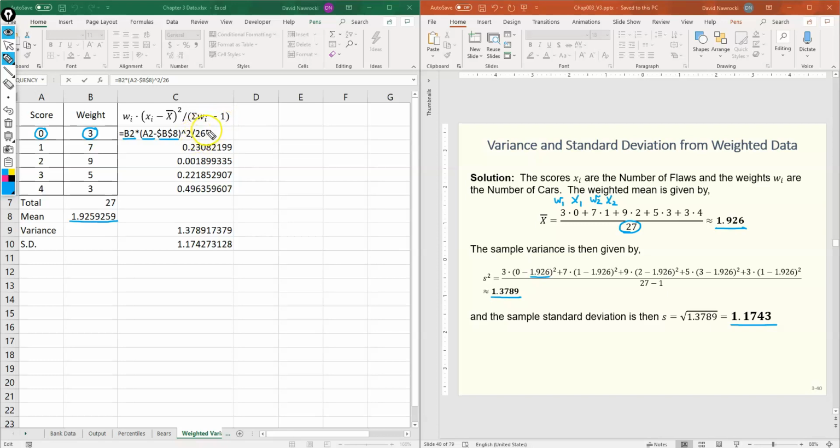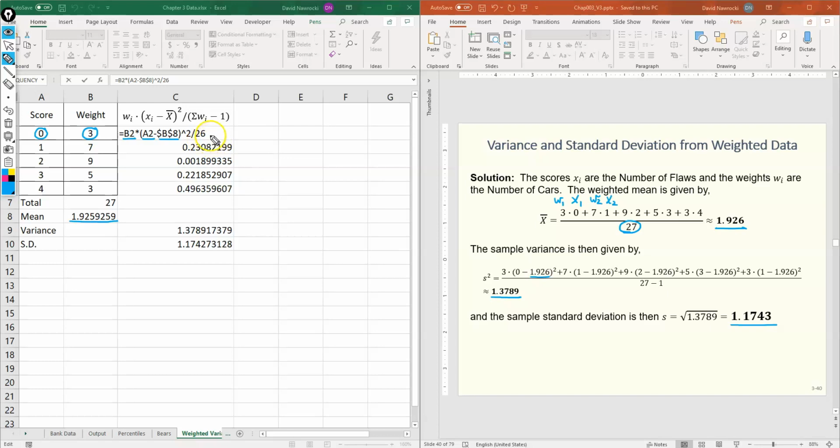So notice we have 26 here. That is 27 minus 1. I could also put a cell reference in here to cell B7 minus 1. So I could put in here $B$7 minus 1 with parentheses around it instead of just typing in the number 26.